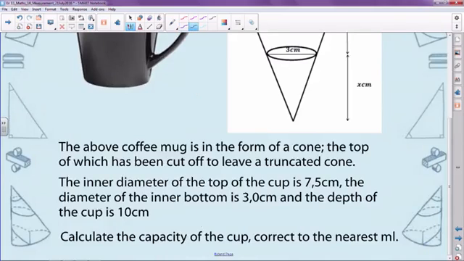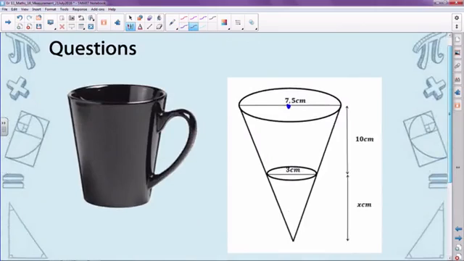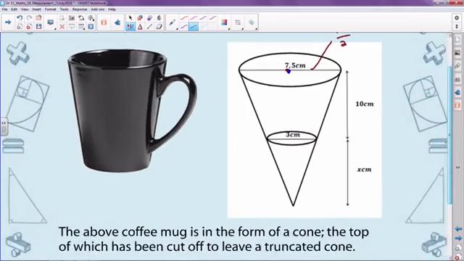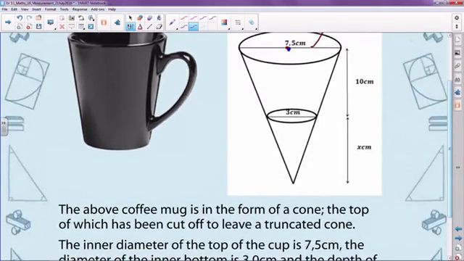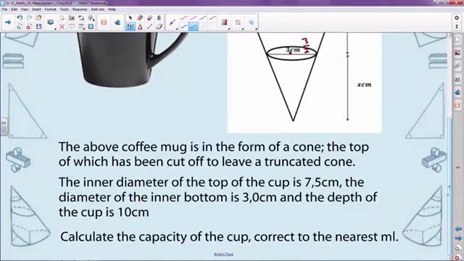If you're given a diameter, then your radius will be half of the 7.5, so this will be 7.5 over 2, and the other one will be half of the 3 centimeters. Okay, so now you need to work out how much it can contain to the nearest millimeter.